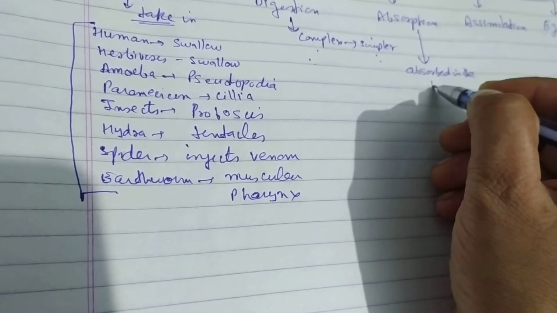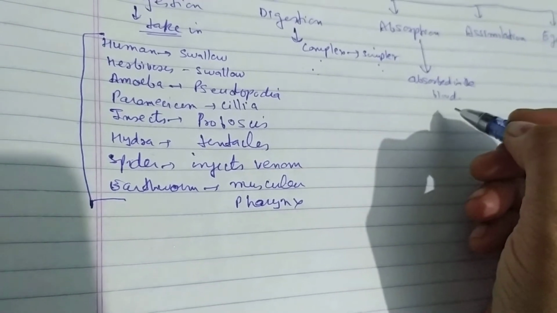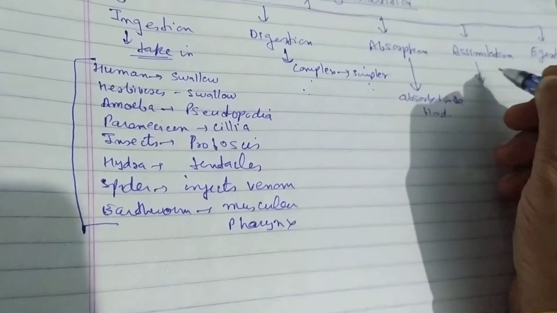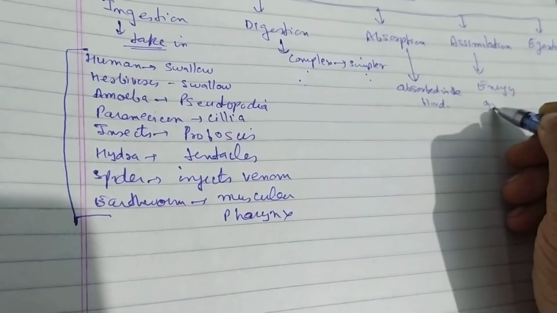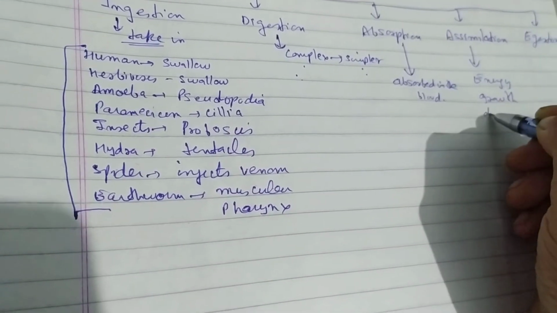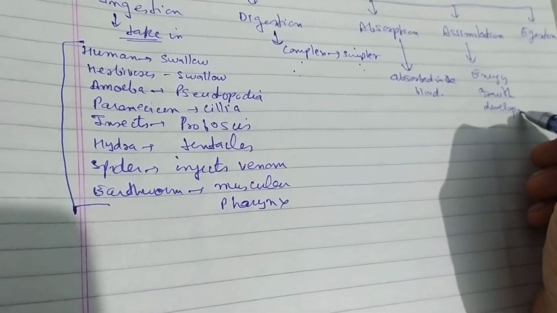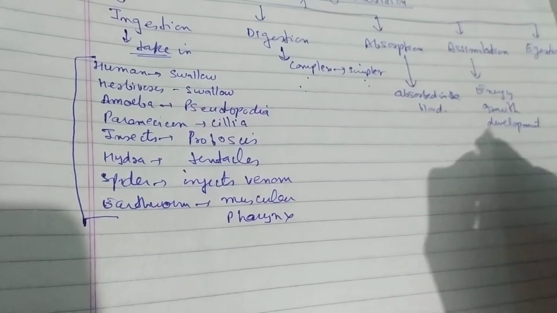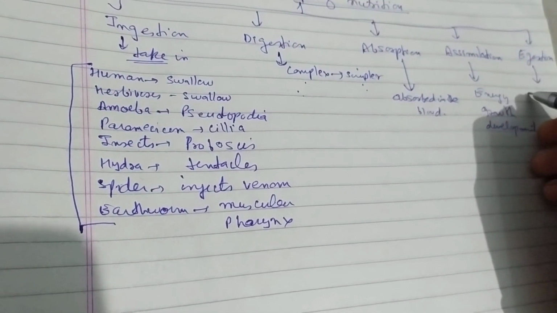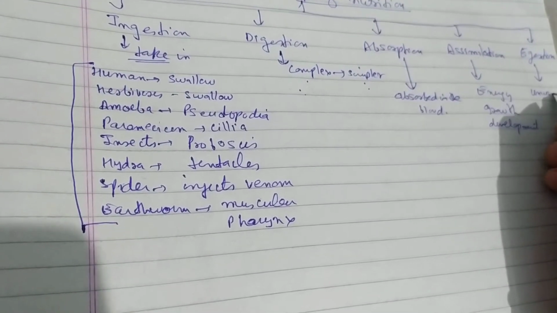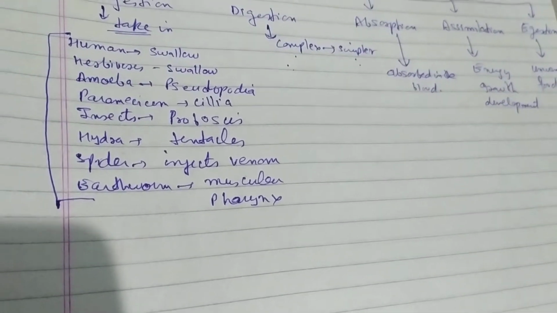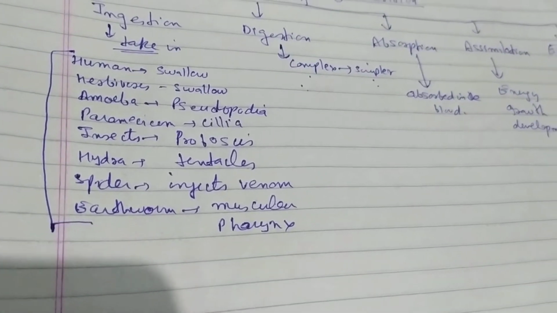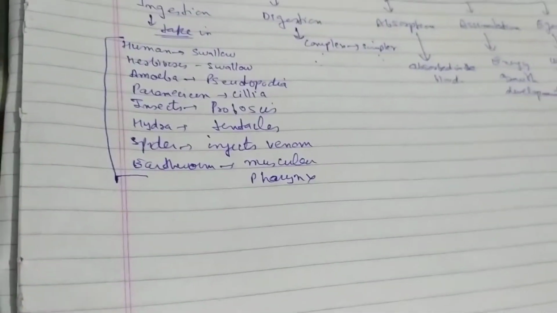Then after absorption, how it is utilized for energy, growth and development comes under assimilation. And how the unwanted food is taken out from the body is called egestion. So first we'll be doing ingestion.